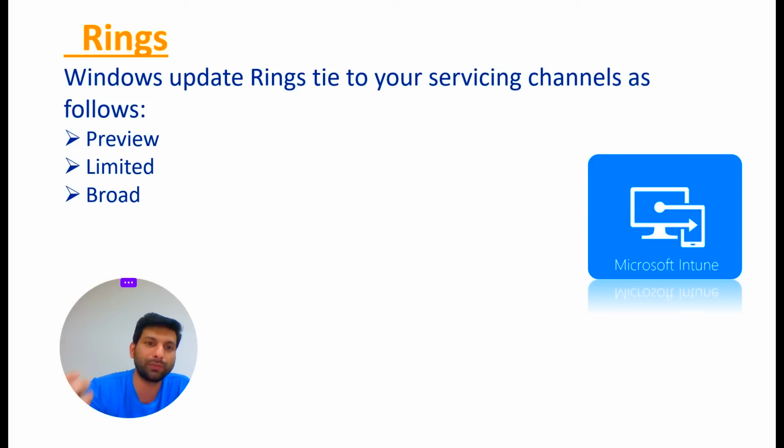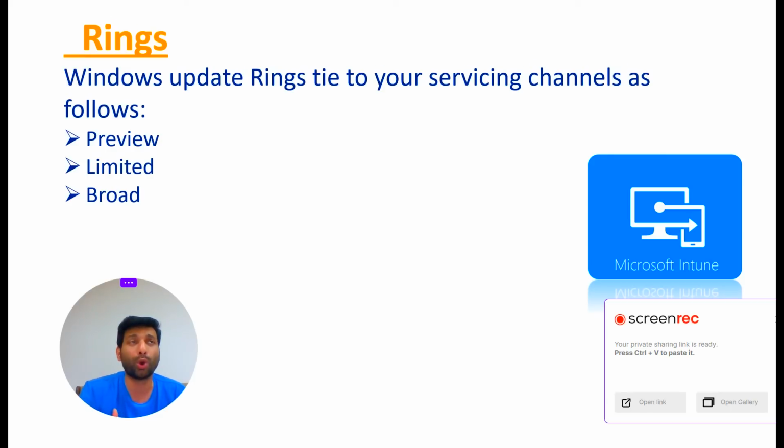As soon as the latest Windows update or patches get released, they get applied to the preview group members, our IT people, so they can monitor how it behaves, and whether there are any issues or problems with that latest update, and then they can apply it to the limited group or to the broad group. Limited group is something like those who require some special care.